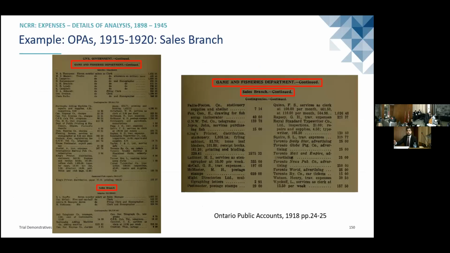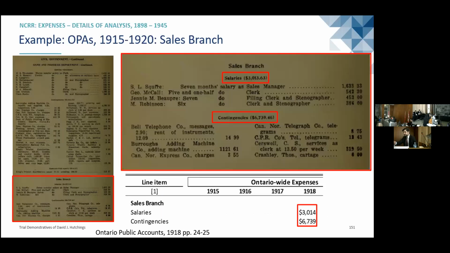Now, those numbers are hard to read, but if we go to the next slide, which is 151, I've zoomed in on them, and you can see the prior slide showed us that sales and contingencies are both in the Game and Fisheries Department section of the public accounts. And here we have salaries and contingencies, and you see the numbers there, $3,013.63. That's the number in red on the top right, slide 151.